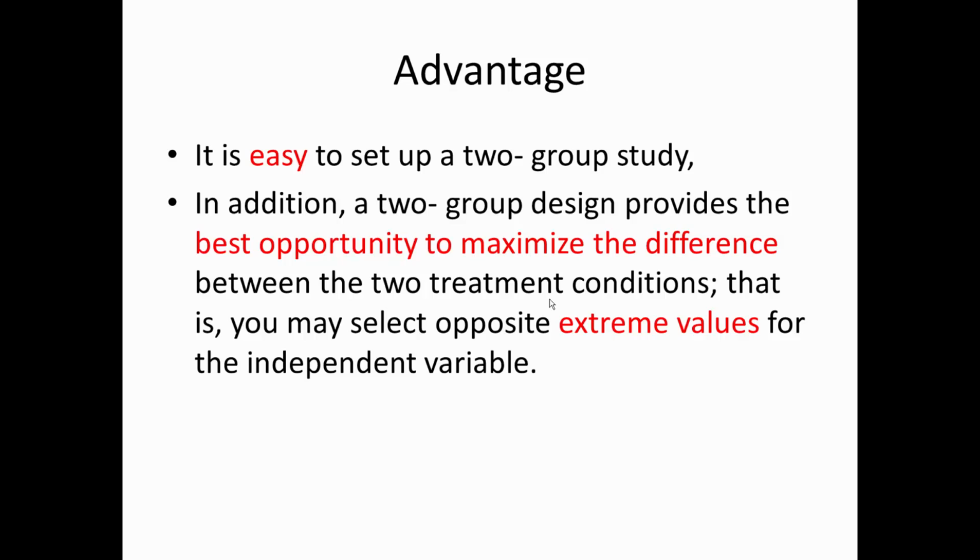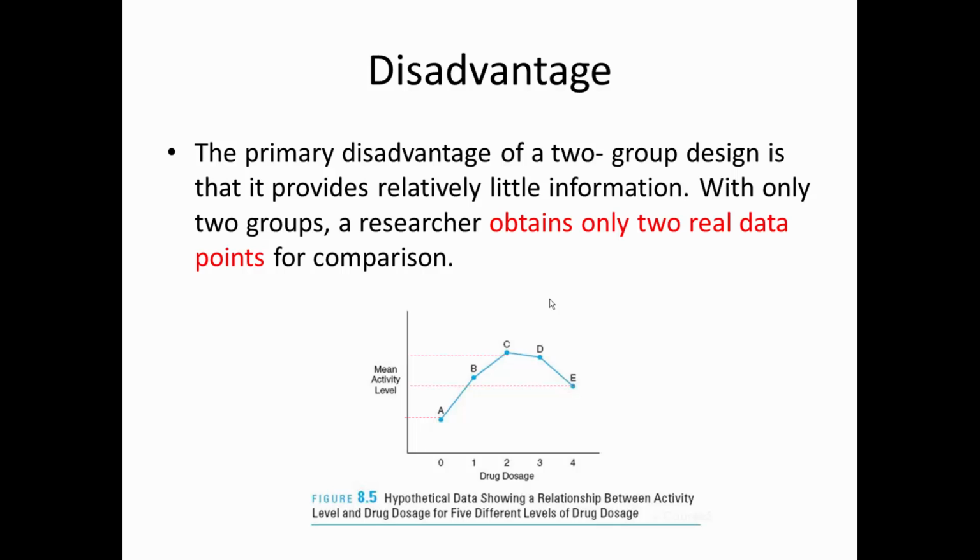You can maximize the strength of your treatment to make sure that you're going to find if the treatment is effective. However, if you use only two groups, you're missing the whole picture. You don't see different levels or different intensity of your treatment, how it's effective.